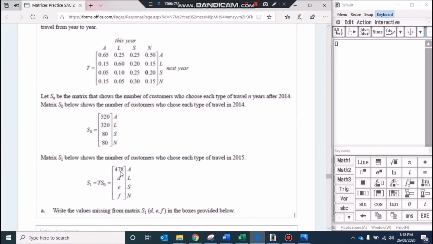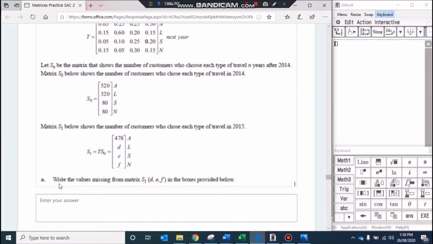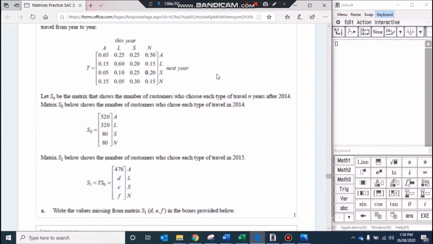We've got for air, it's 478, but we don't know the values for land, sea, or no travel. We want to find out what the missing values are. So what is D, E, and F? This is just a transition matrix problem, which we can do in our calculator.